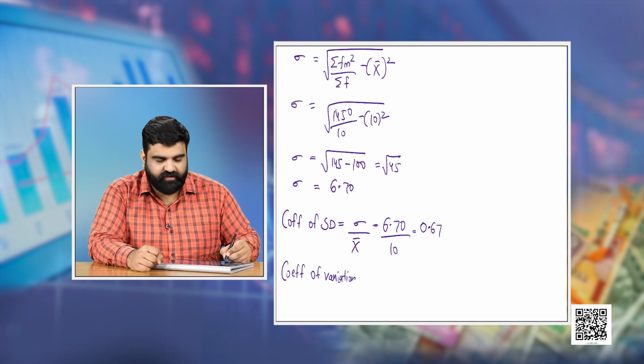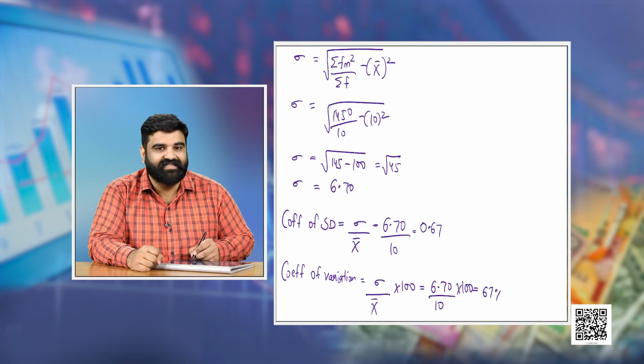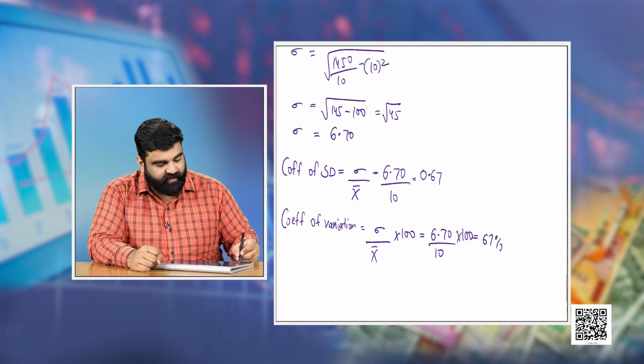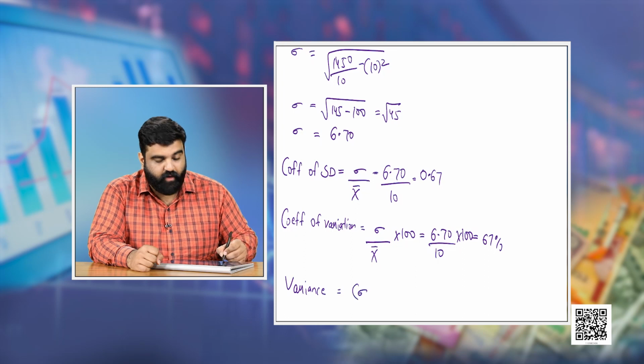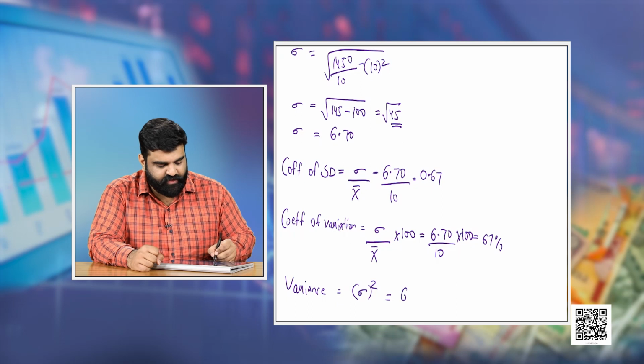The formula for this is standard deviation upon mean into 100, which is 6.70 upon 10 into 100, which gives me the answer as 67%. Let us also calculate the variance, which is actually the square of the standard deviation. So, the number obtained in the square root is actually the variance for this question.